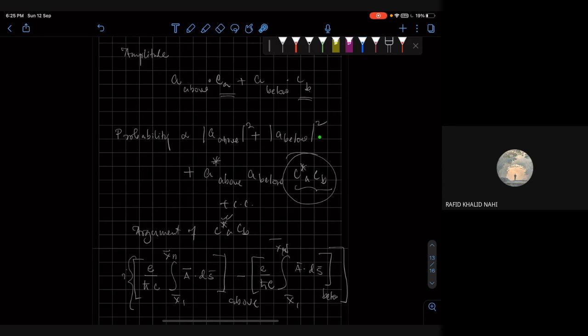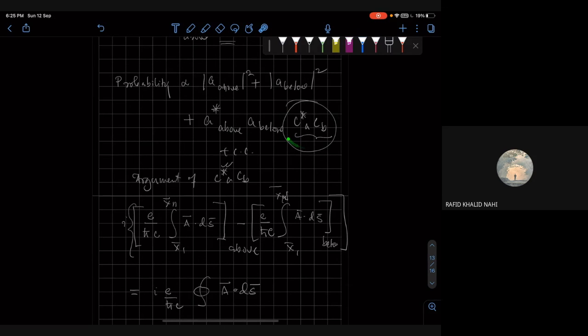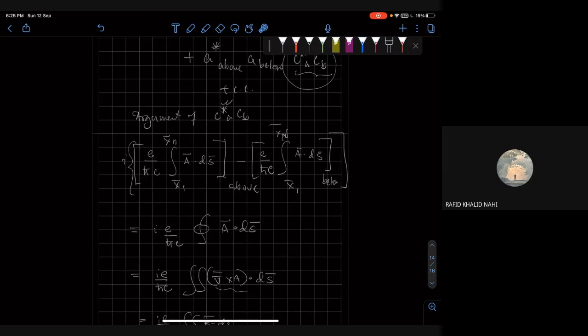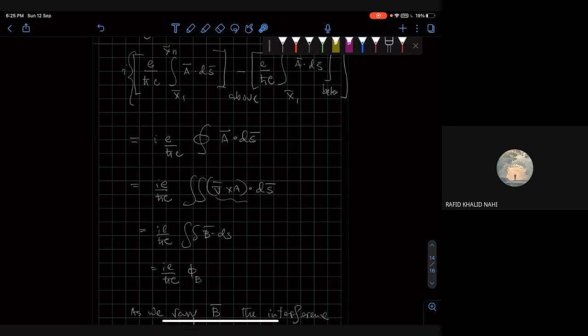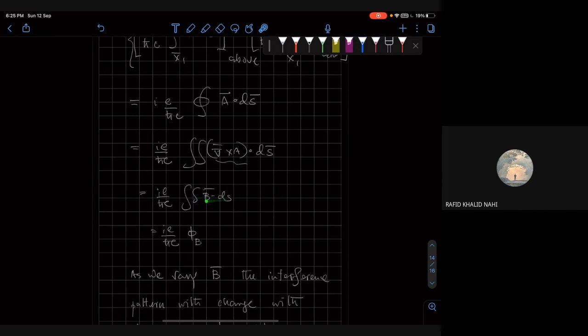compute the probability, then I see that in the interference terms, I get this interference of the 2 phases. Now I'm looking at the argument of the phases of the exponential, and I can combine those 2, above and below, into a closed line integral, and then using Stokes' theorem, I can turn that into an integral over the magnetic field, which just gives me the magnetic flux.